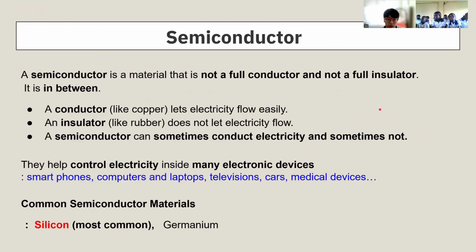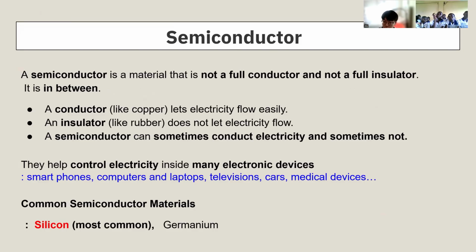And the last topic for today, and we will end after this, is called the semiconductor. So a semiconductor is a material that is not a full conductor, not a full insulator. A conductor like copper lets electricity flow easily, but insulators like rubber do not let electricity flow. But a semiconductor is somewhere in the middle.